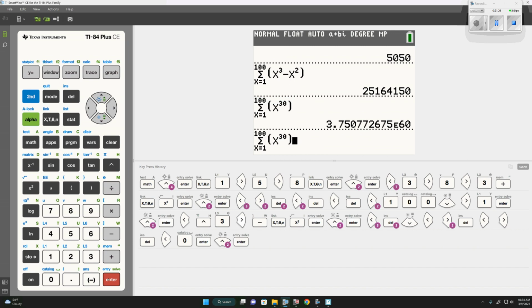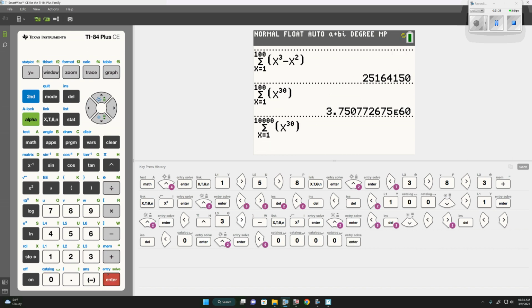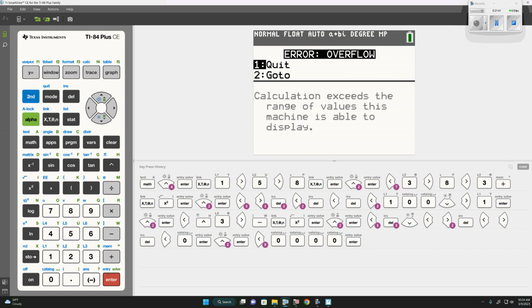You can do that there. There's some of these I've done before. Let's add, let's say 10,000. There it is. Overflow. Essentially, the numbers got way too big for it to figure it out. Calculation exceeds the range of values the machine is able to display.